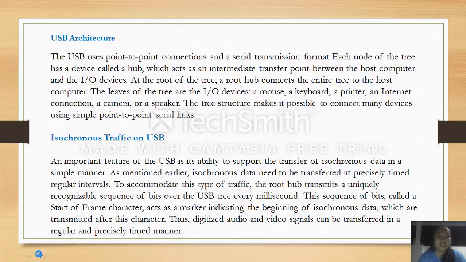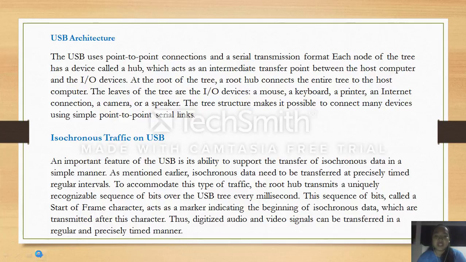Isochronous traffic on USB. An important feature of the USB is its ability to support the transfer of isochronous data in a simple manner. As I mentioned earlier, isochronous data need to be transferred at precisely timed regular intervals. To accommodate this type of traffic, the root hub transmits a uniquely recognized sequence of bits over the USB tree.